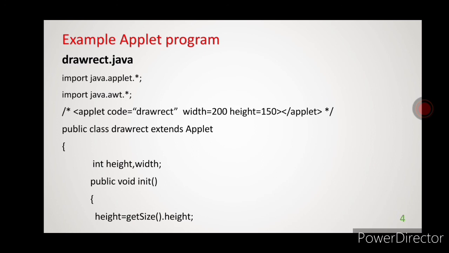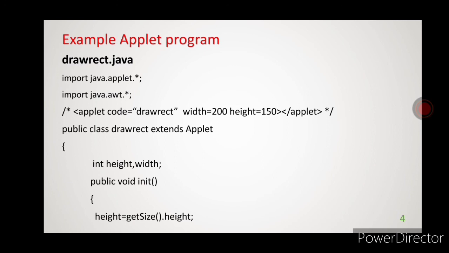Here there is no main method, it does not contain any main method. Instead, the applet begins its execution when it finds the class name in the code part. Okay, it will execute that class by using an applet viewer or a browser.